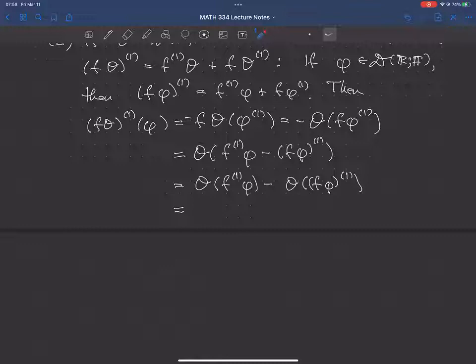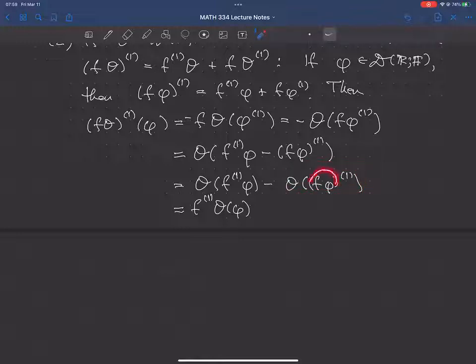So this is going to be the same thing as this distribution multiplied by that infinitely differentiable function evaluated on that test function. Okay, so this is, in other words, f 1 theta of phi. Okay, and here in the second component, I'm going to use the definition of the derivative, right?